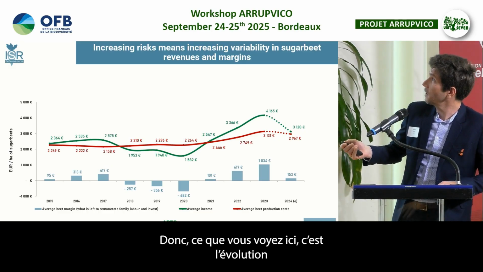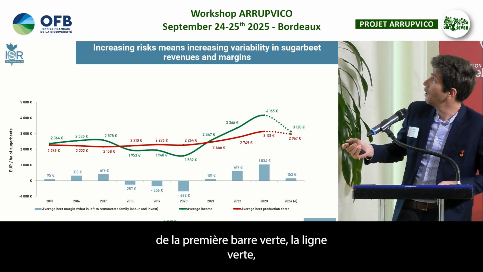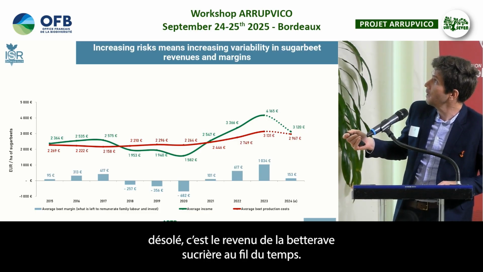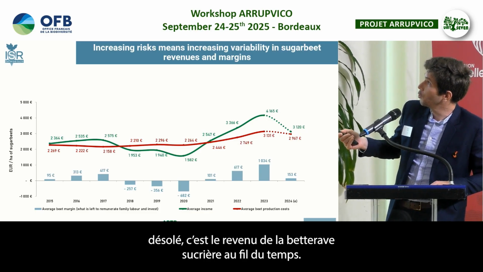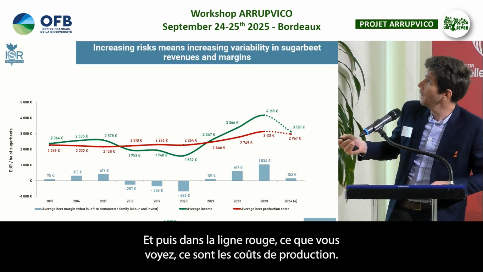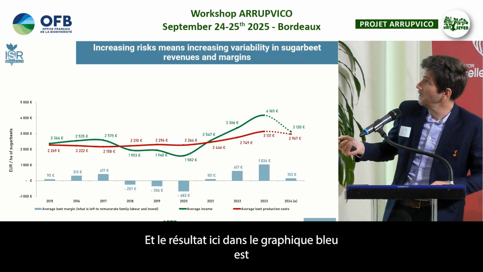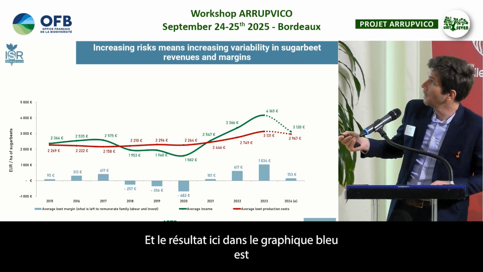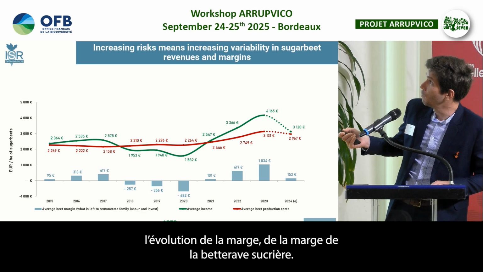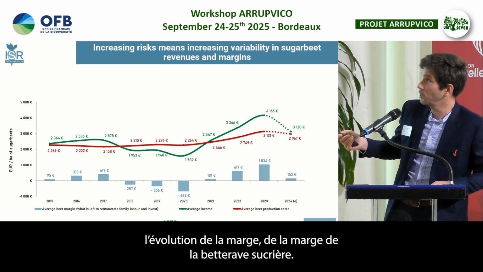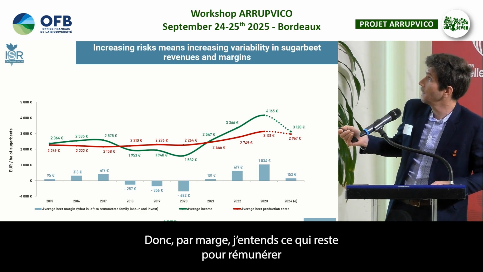What you see here, first in the green line, is the income for sugar beets over time, and then in the red line, the production costs. And the result here in the blue chart is how the sugar beet margin has evolved.